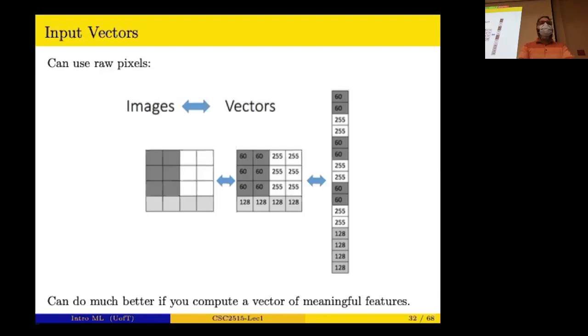There are some methods that benefit from the matrix-like structure of the input. For example, if this is a big matrix, these points are closer to each other. Some methods benefit from that regularity of structure. If you convert this to a vector, the closeness of these points in the big matrix would be lost somehow.